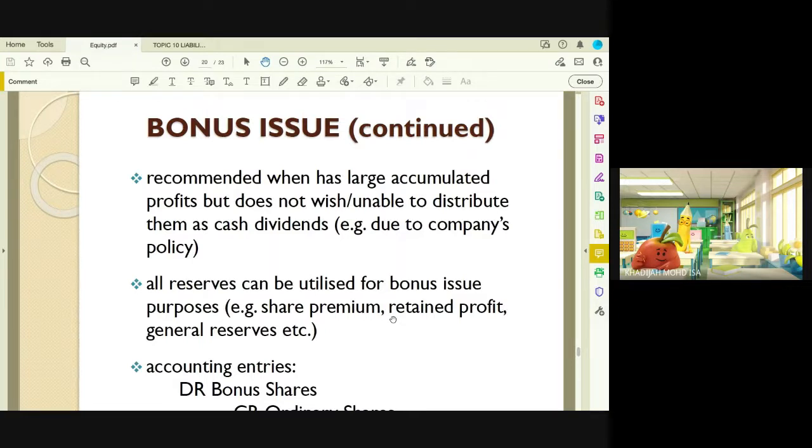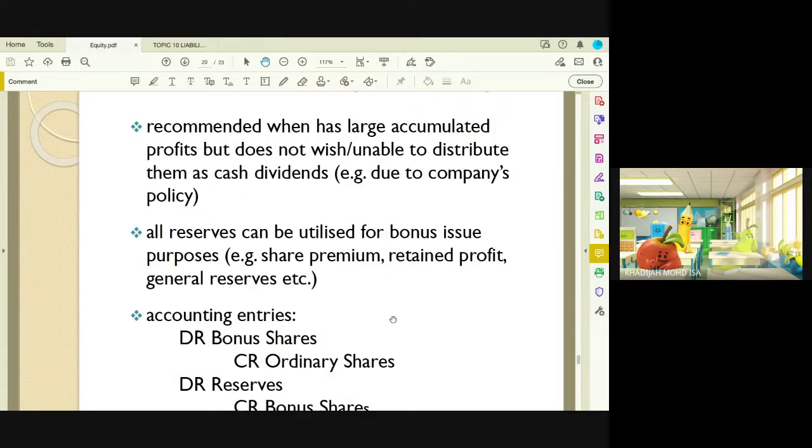These shares are in replacement for the cash dividends. Maybe for the year the company cannot pay cash dividends, so that year the company gives bonus shares.